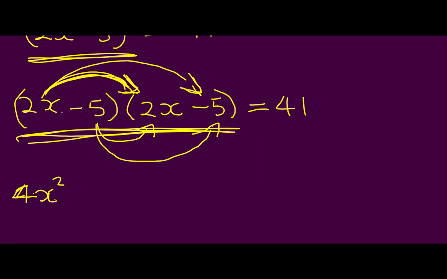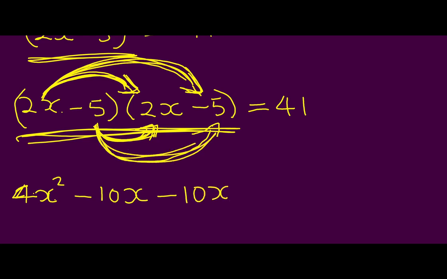And then we take 2x times negative 5, it's negative 10x, and then the inner, negative 5 times 2x is negative 10x, and then the last, it's negative 5 times negative 5, it's positive 25. Right? Then all of this equals 41. I hope we're still together.